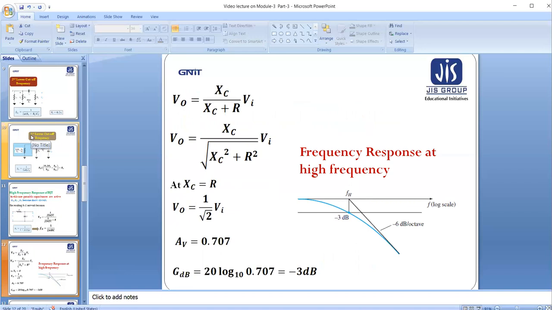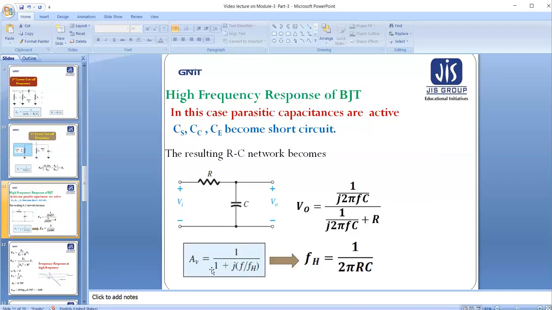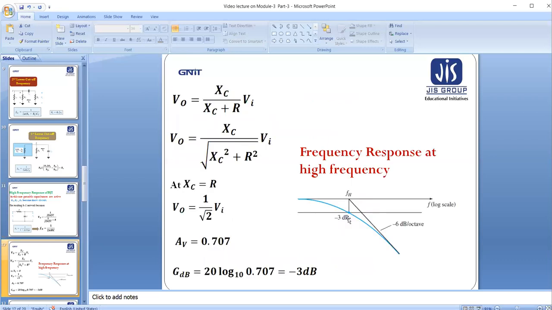So that's why it was increasing in nature. But now, as it is 1 by 1 plus j f by fh, obviously it will be decreasing in nature. That's why the frequency response will be deteriorating. But at f equals fh, the gain will be minus 3 dB.